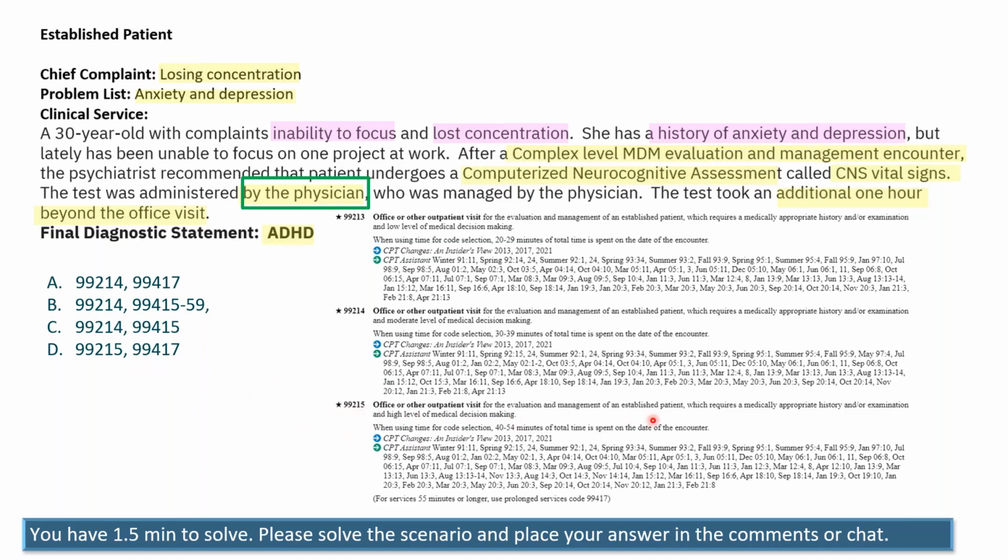I did fail to point out there was a complex level MDM. When a physician has a prolonged service, you can use 99417, and it is only prolonged if they've exceeded the time in 99215 or the MDM. There you go.